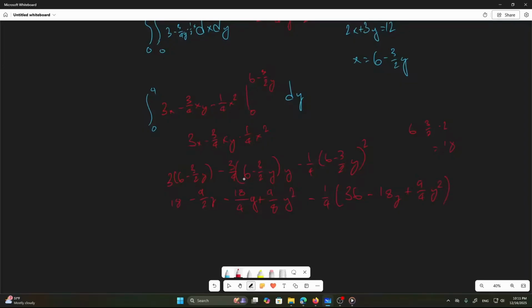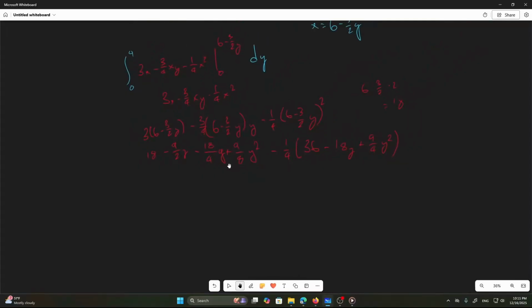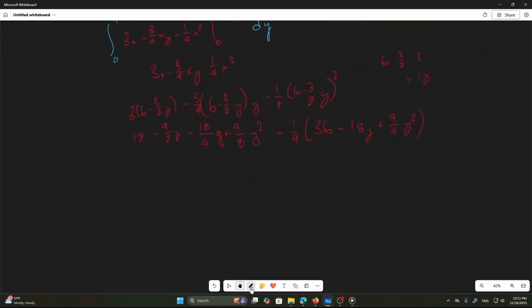So wow, this is quite the daunting integral, but if we simplify it, we can see that it's not actually super difficult or challenging in any way. It's just slightly tedious, right? So let's rearrange the y squared term.